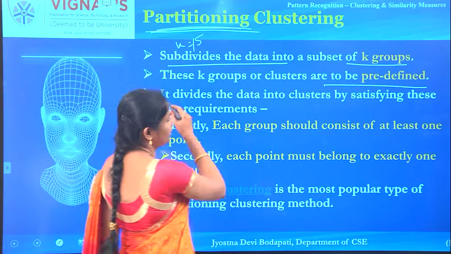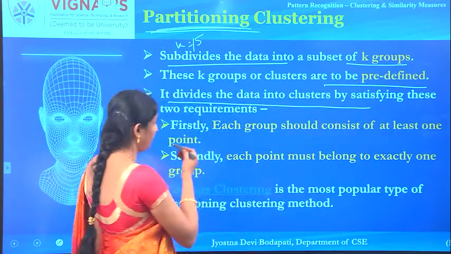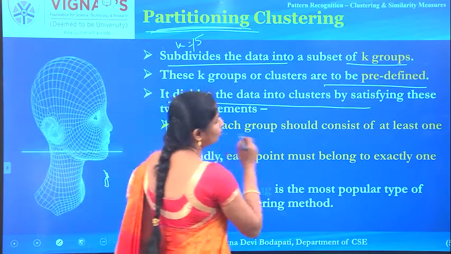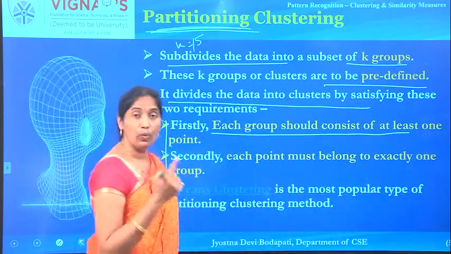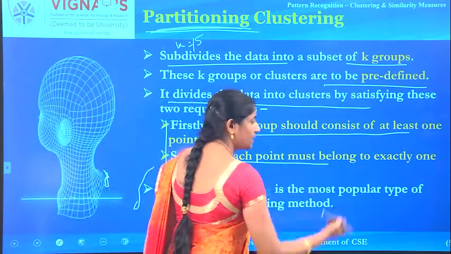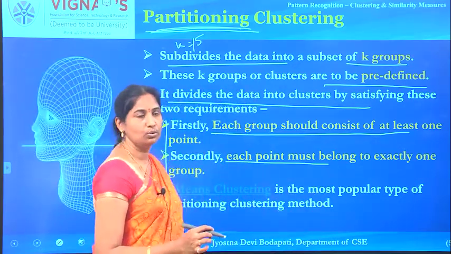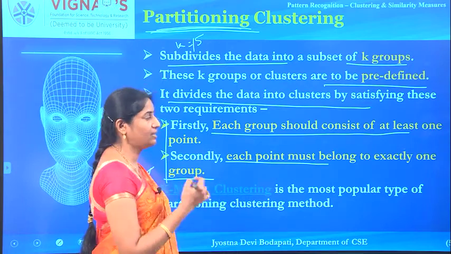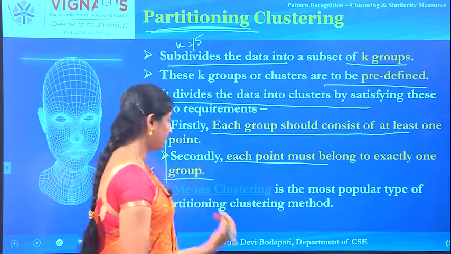And it divides the data into clusters by satisfying these 2 requirements. The first requirement is each group should consist of at least one data sample, and every object that is given to you must belong to exactly one cluster. So you cannot assign one object to more than one cluster.